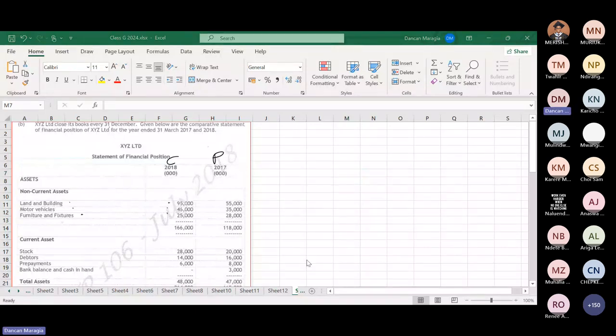They are shown at what value? Yes, Nicholas, and then Mulidwa Jacob. They are shown at cost.